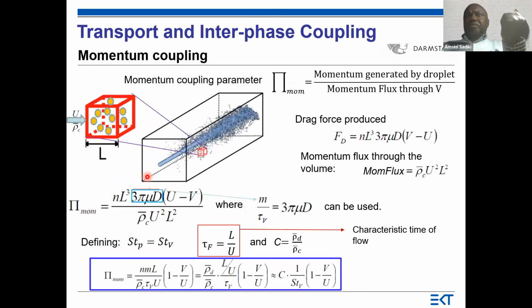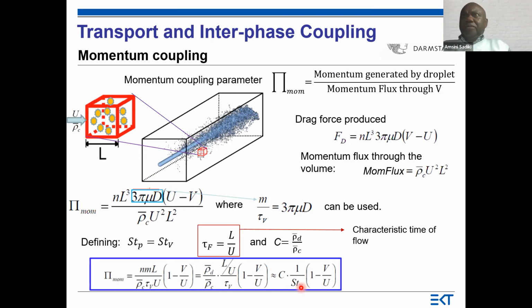And also, if this quantity is larger than one, then the particle will not influence the fluid flow, but the fluid flow will influence the particle. Then we have the one-way coupling.